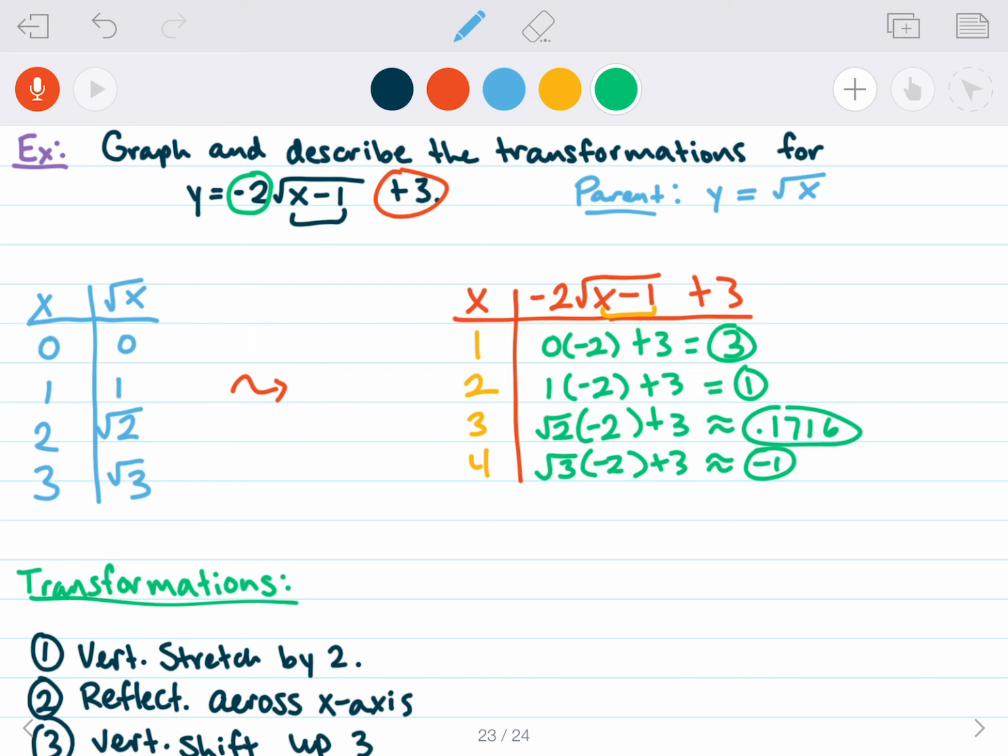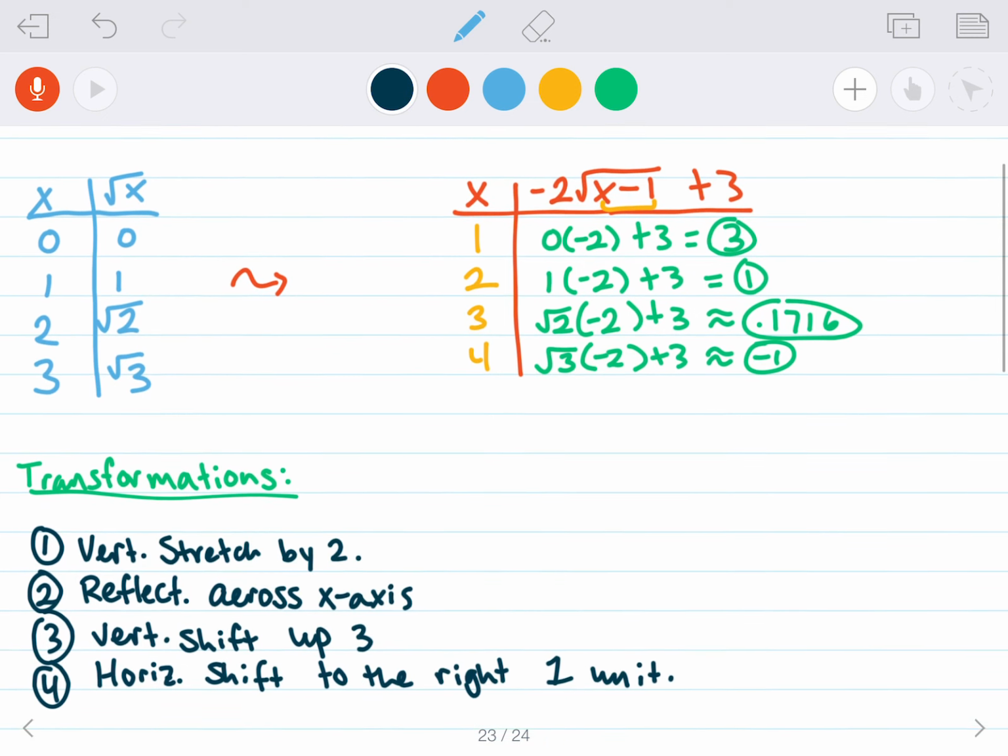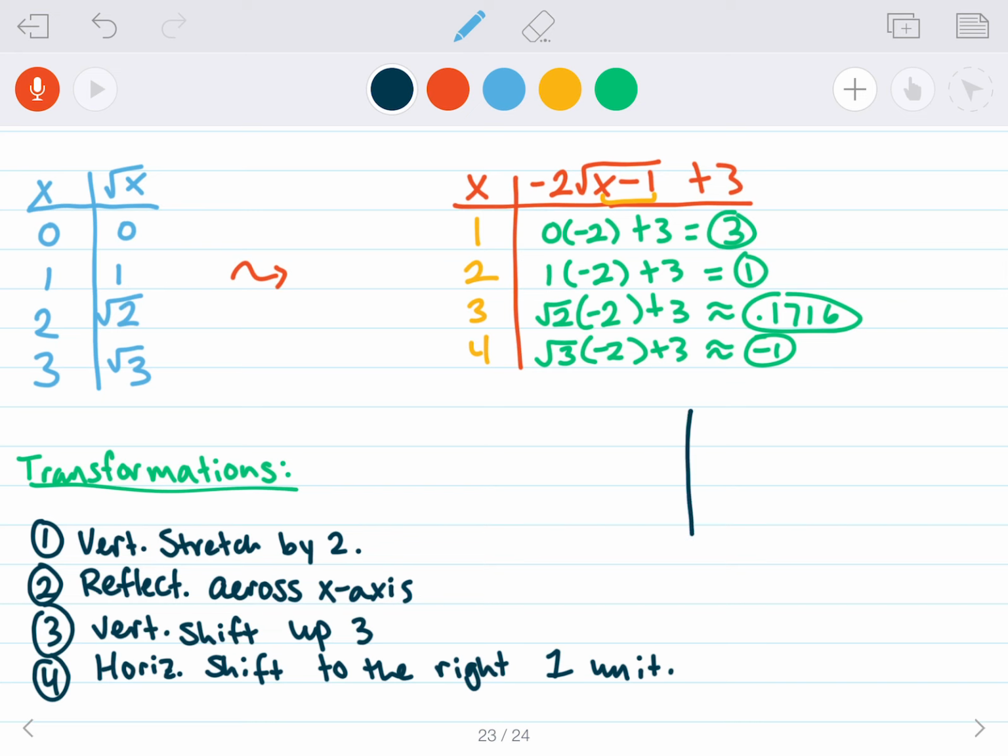So I can graph both of these in the same plane. I can use Desmos, or I can just do a quick sketch from my table here. So my parent function looks a little something like this. It's increasing. So something like this. Here's my parent function. And then for my transform function, I have 1, 3.